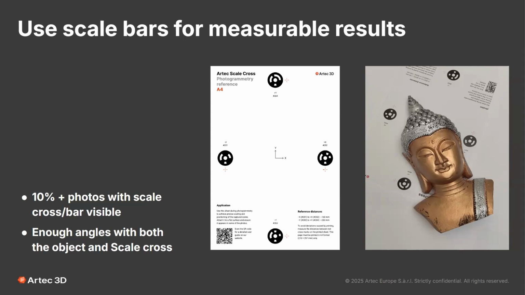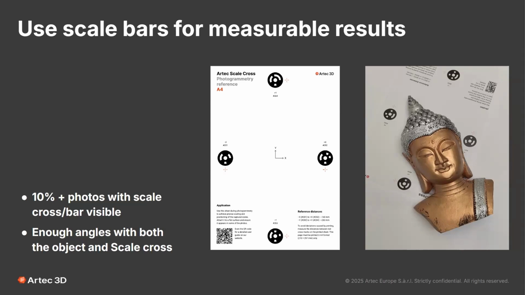Ideally, for the scale cross to be detected and for the scale procedure to succeed in order to get a measurable result, a result which is scaled correctly, you need to have at least 10% of your photos with the full scale cross or full scale bar visible.